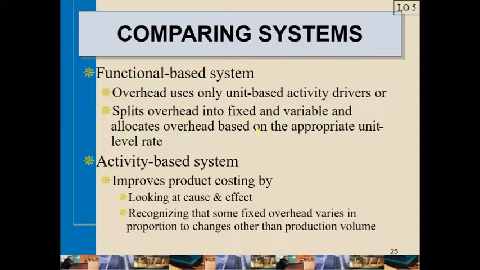Then, split overheads into fixed and variable and allocates overhead based on the appropriate unit level rate. Now, on the activity-based system, it improves product costing by first looking at cause and effect, and then second, recognizing that some fixed overhead varies in proportion to changes other than your production volume. So, nag-involve na atong mga non-unit levels. So, katulad mga different nga cost drivers.